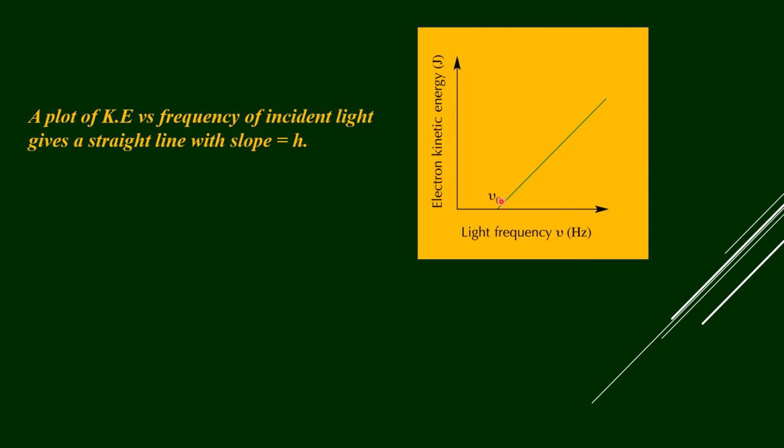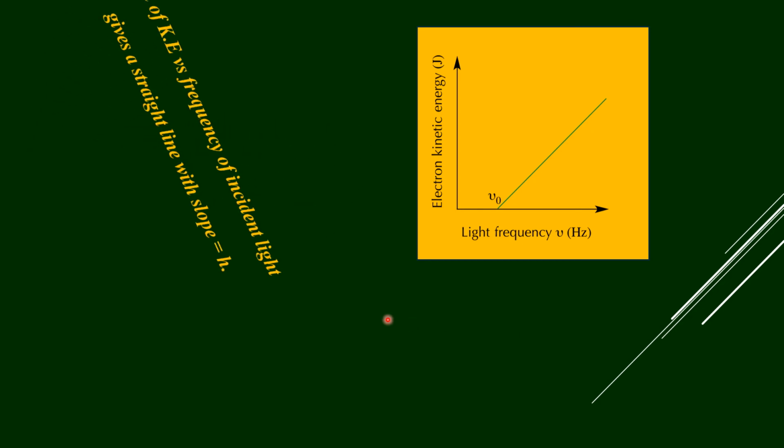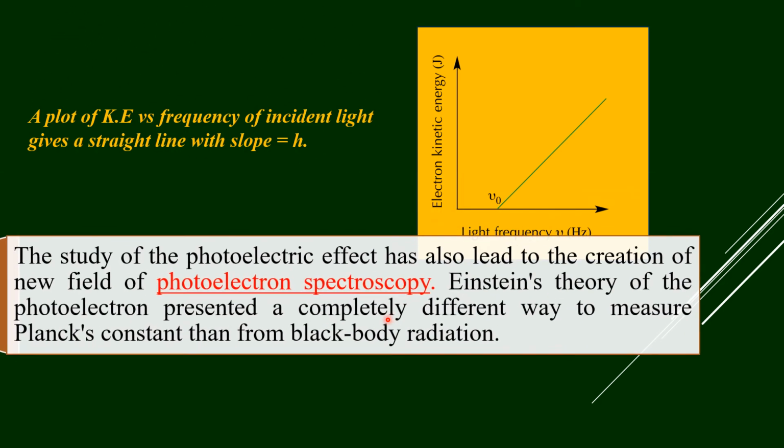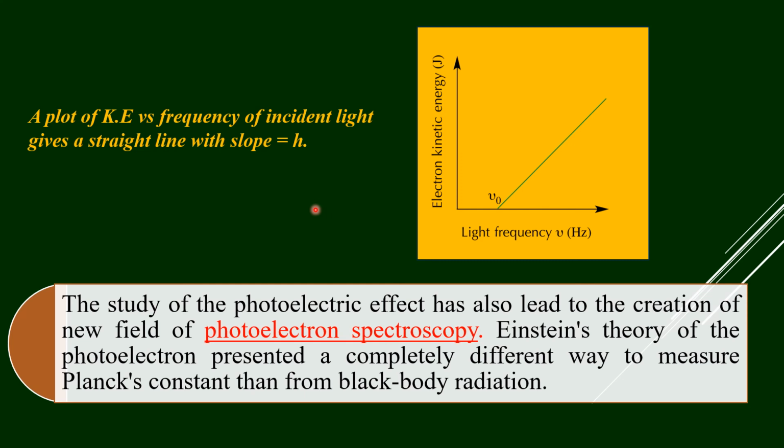If we calculate the slope of this graph, it will give you the value of Planck's constant h. When the intensity of light is increased, the number of photons striking the metal surface per unit time increases. That means more electrons will be emitted, however the kinetic energy of the electrons remains unaffected. That is the main important thing.